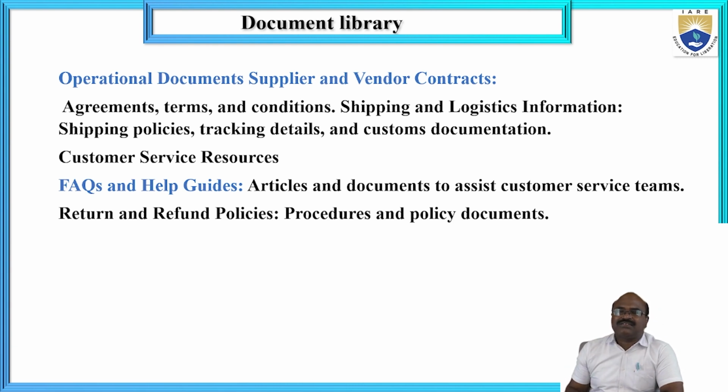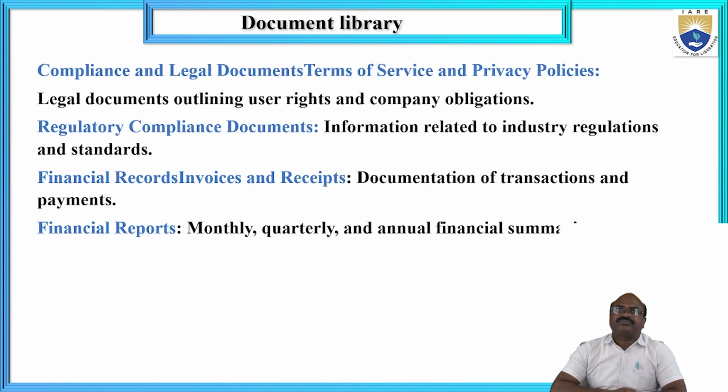Such a thing is called a document. The FAQ is also one of the documents, and help guides help so many customers who can take some help. Those data are also permanently stored for further correspondence. So those things are also very important from the document library.